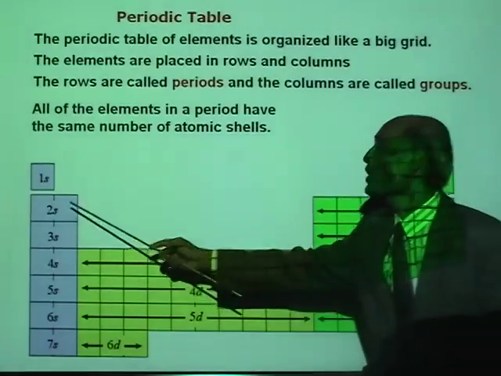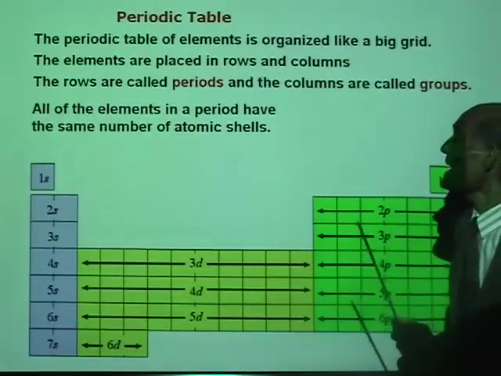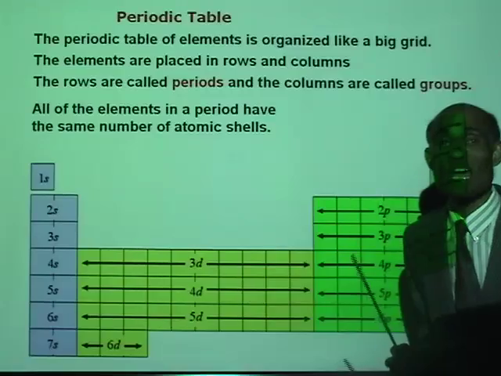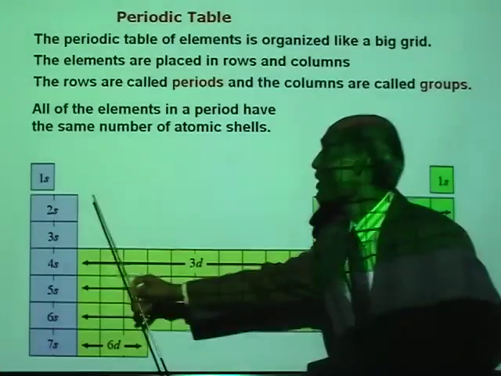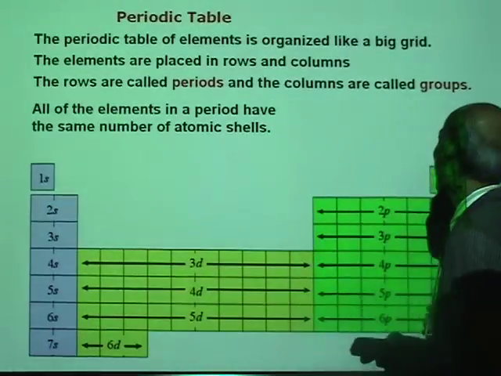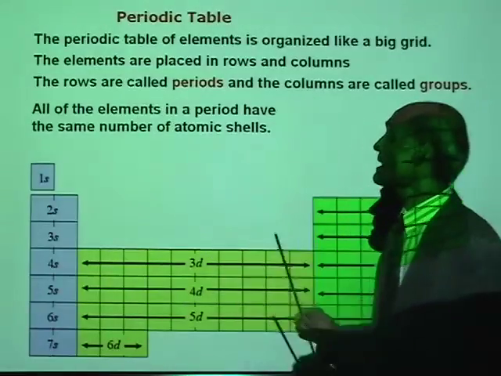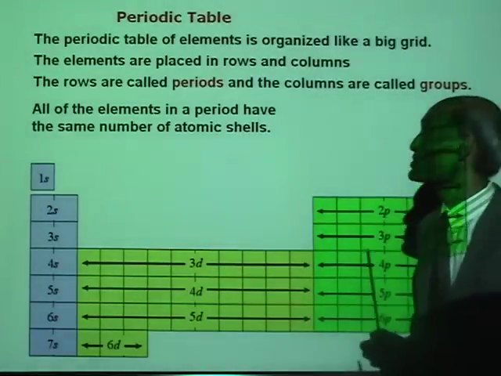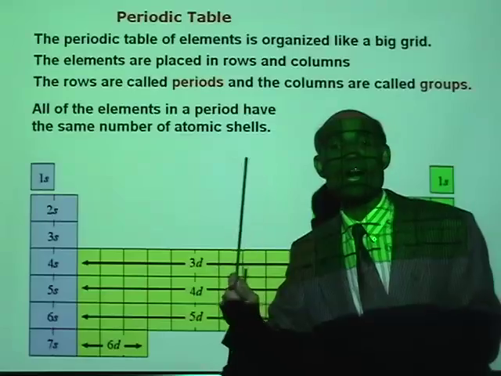You see, all these elements have the same number of atomic shells. That is the characteristic of elements in a period.